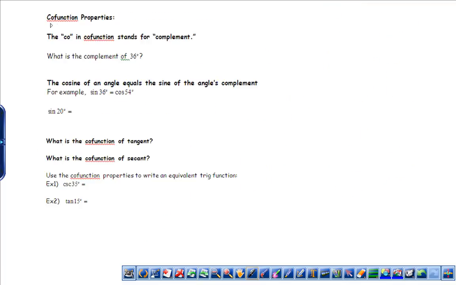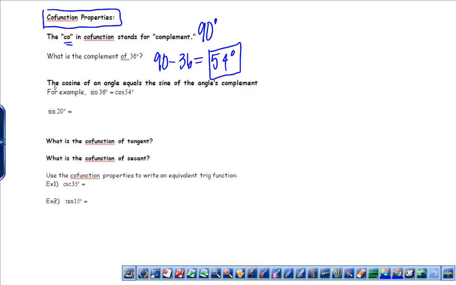Okay, let's look at some cofunctions. So what does co mean? Cofunction stands for a complement, and I think of complement as meaning 90 degrees. So the complement of 36, of course, you're just going to say 90 minus 36, and that would be 54 degrees. So the cosine of an angle equals the sine of its angle's complement.